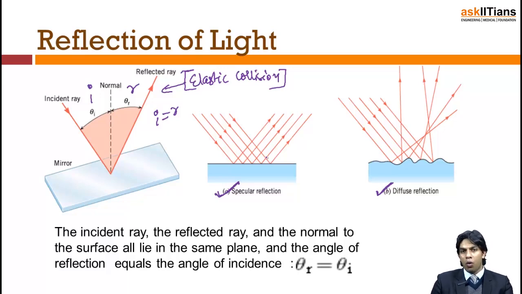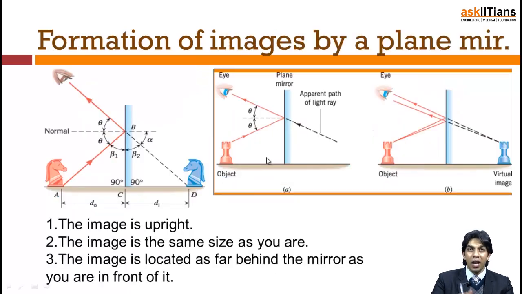Now we will ponder upon the other aspect of reflection, that is, what we are actually witnessing when the light from an object is undergoing reflection. For that we need to study images.